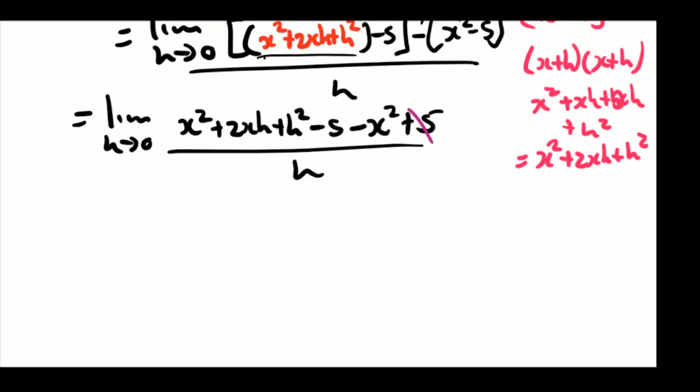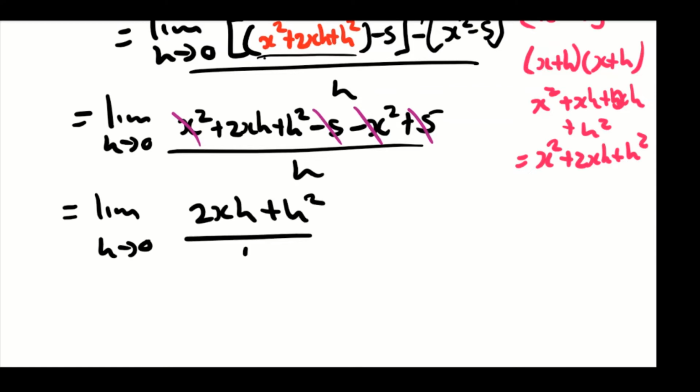So you have minus 5 plus 5, and then you have x squared minus x squared, and then we're having the limit when h approaches 0 of 2xh plus h squared over h.